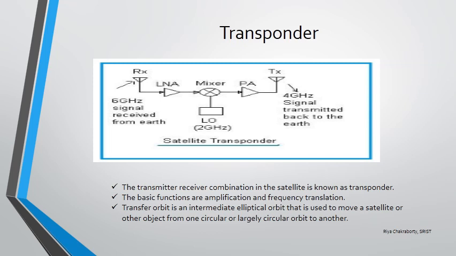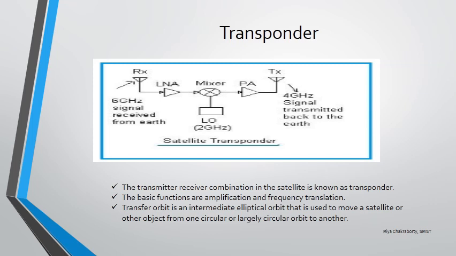The transmitting station sends the information to the satellite, which retransmits it to the receiving station, which is known as a repeater. So the transmitter-receiver combination in the satellite is known as a transponder, and the basic functions are amplification and frequency translation.